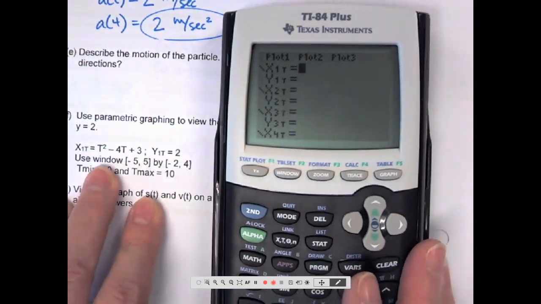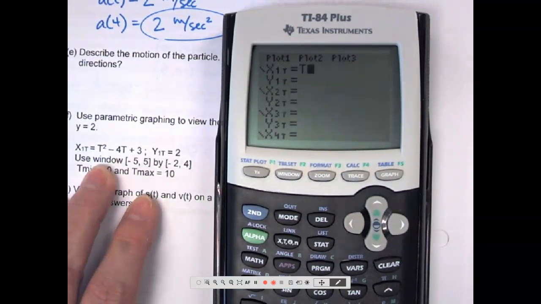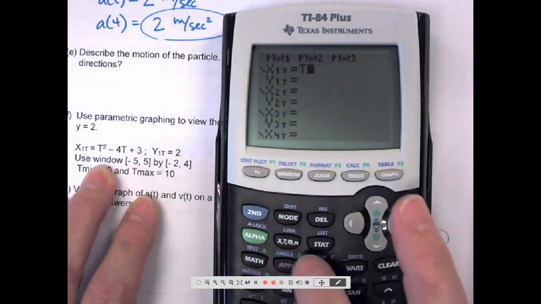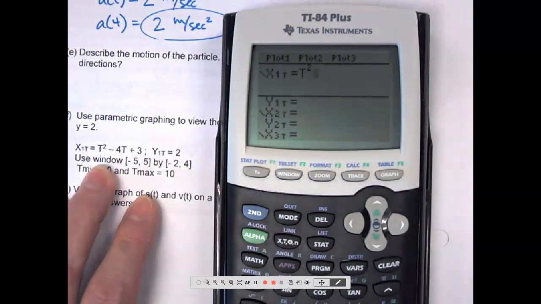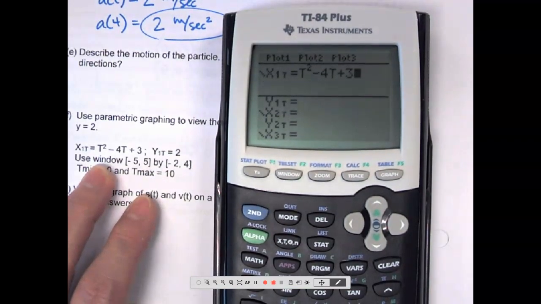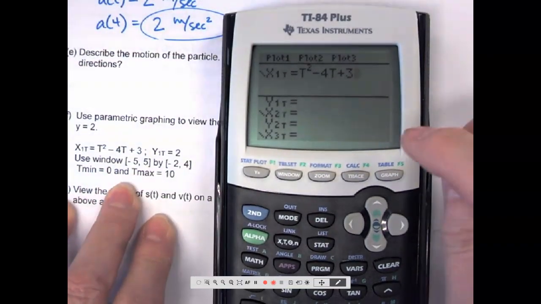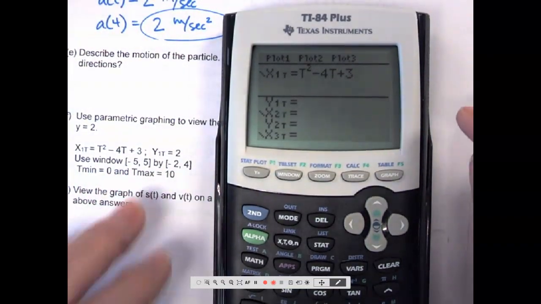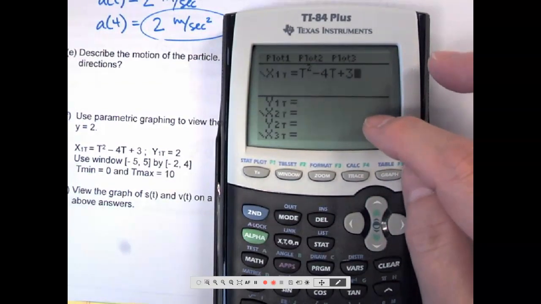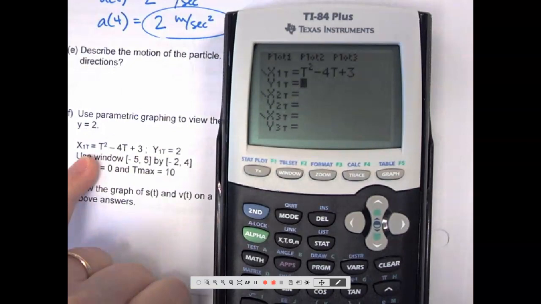I'm going to use the position function. Notice when you push the x button, it gives you time. So using the position function for the first x equation. So that's just straight up, what's the position of the object? Okay, I'm also going to go to y and use y equals 2.